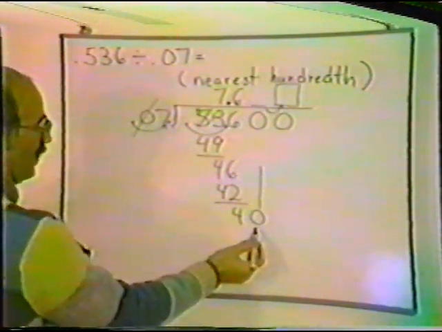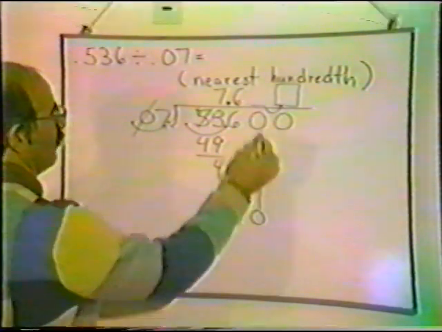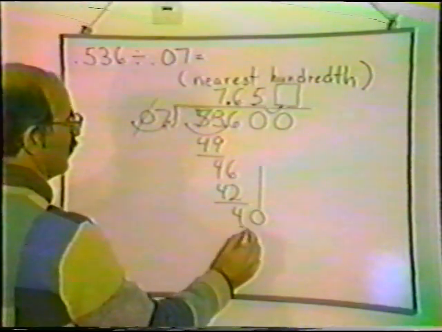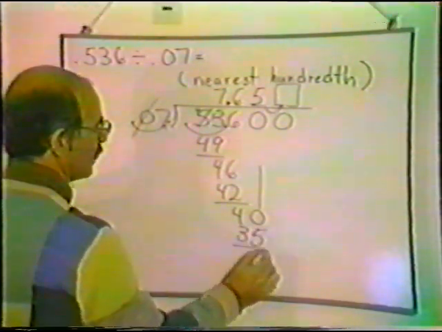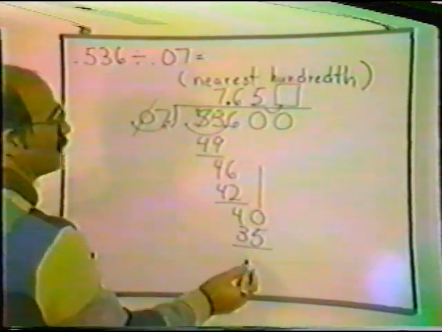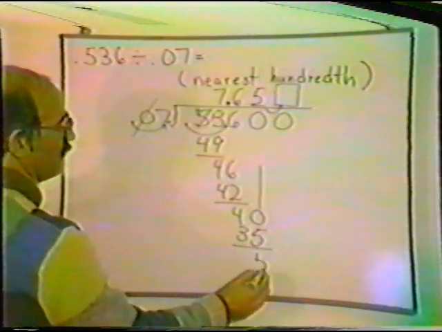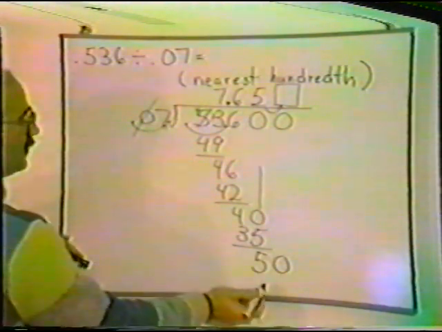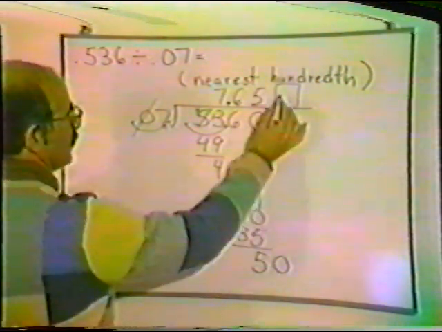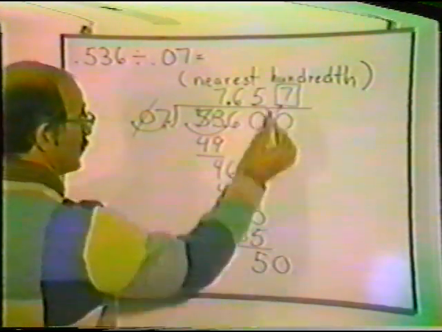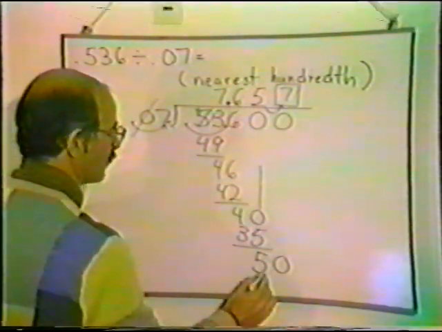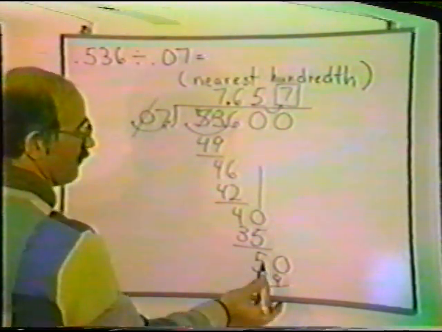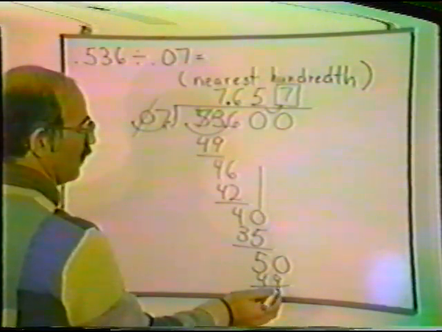7 into 40. 5, because 5 times 7 is 35. And 40 take away 35 is 5. Bring down the 0. 7 into 50. 7, because 7 times 7 is 49. And we can subtract and know that 50 take away 49 is 1.